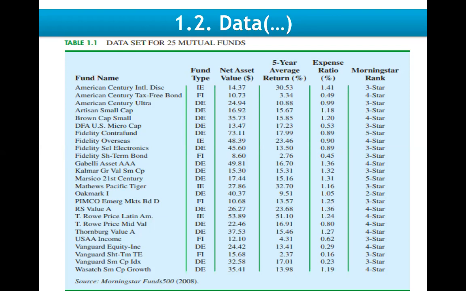Basically, just as important information about Morningstar: Morningstar is a company that tracks over 7,000 mutual funds and prepares in-depth analysis of 2,000 of these mutual funds. Their recommendations are followed closely by financial analysts, by individual investors, and so on.